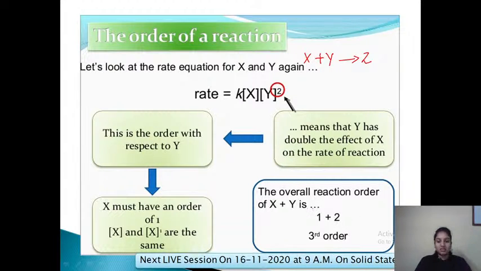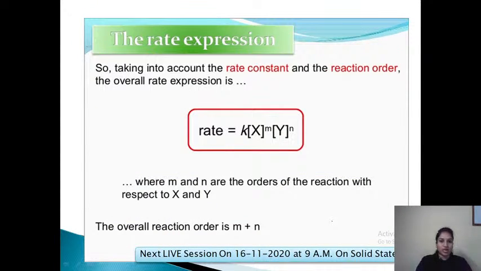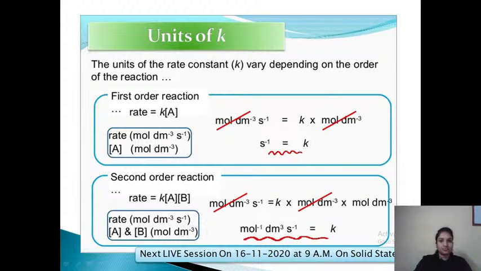That means it is a third order reaction. Okay. So this is again the rate expression. Rate is equal to k X raised to m, Y raised to n. The overall order of the reaction can be given by m plus n. That is the powers.